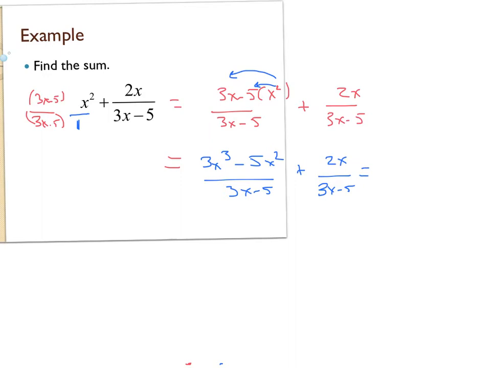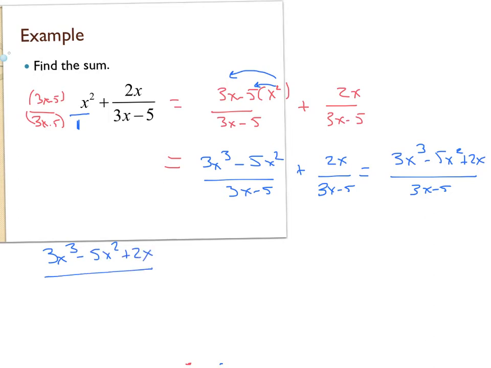And that's going to give me 3x cubed minus 5x squared plus 2x all over 3x minus 5. So now that we've combined everything, I need to look to simplify again. I'm going to rewrite what we have over here. There's just more room on the screen.